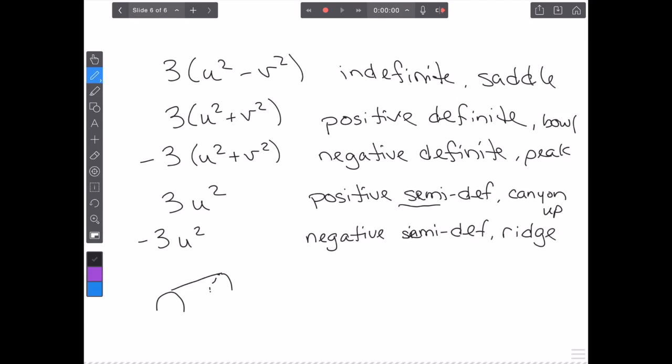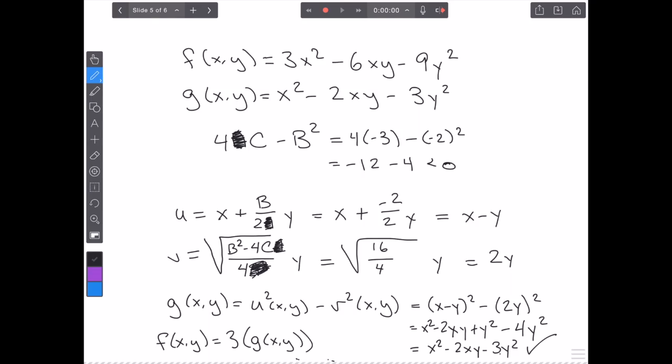Now, if you're given a function with a positive coefficient and you change f to g by factoring out that 3, you won't change the classification. If f happens to be a positive definite function, then g will be a positive definite function.